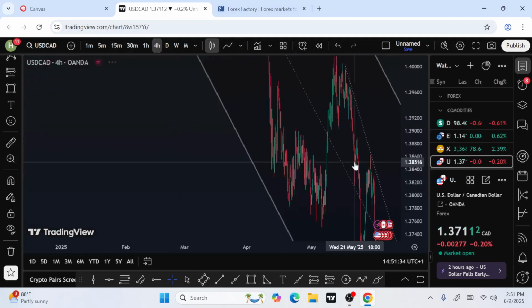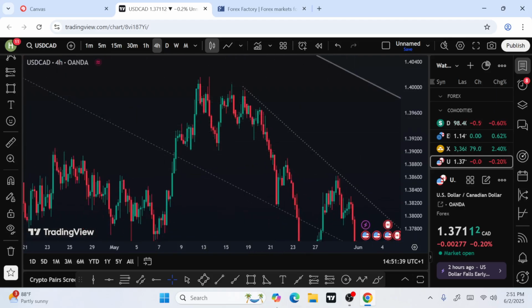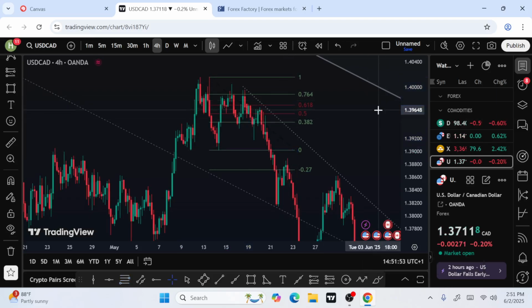Let's come back to forward. So with the Fibonacci retracement from here to this point, I am able to know that this market will get to the retracement level of 50 and 61.8 to now start looking for selling opportunity to the downside.